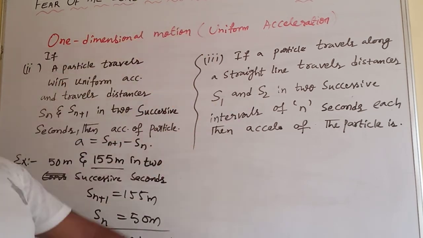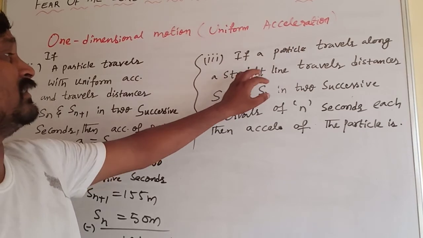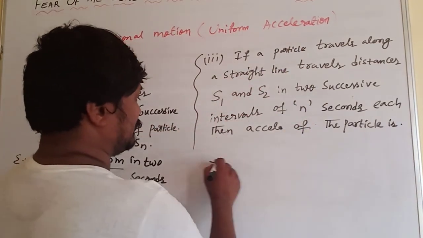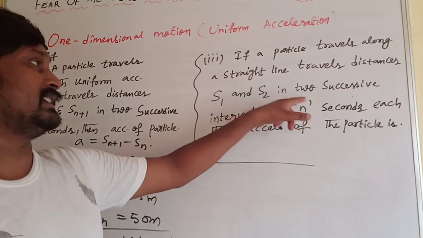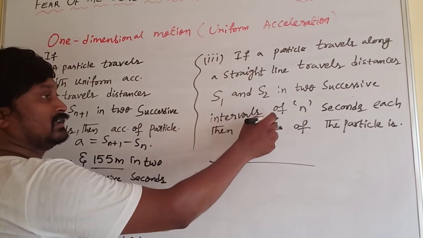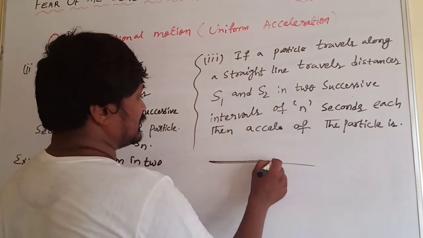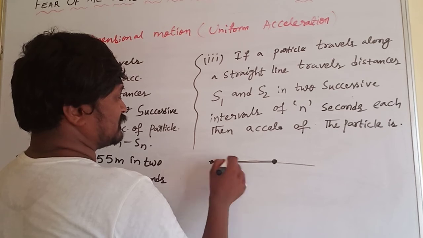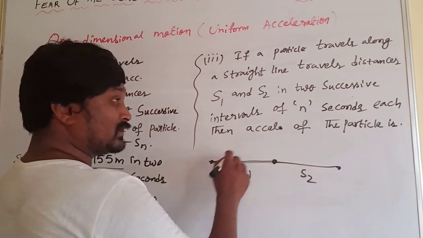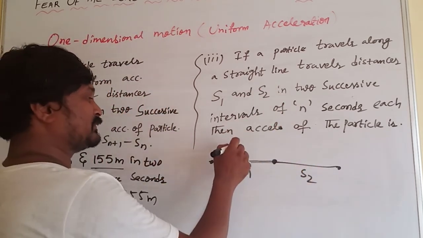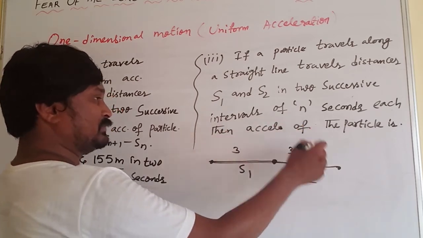Same method next also. If a particle travels along a straight line and travels distances S1 and S2 in 2 consecutive intervals of n seconds. The first interval is S1 and the next one is S2, and both will be n seconds. N seconds means, for example, if it is 3, this also should be 3.